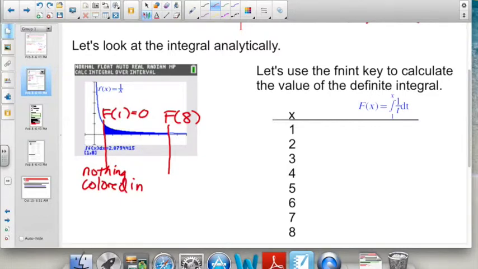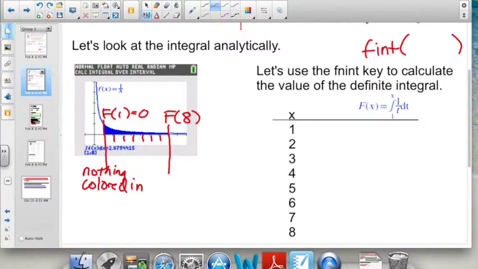Okay. So let's go ahead and take the antiderivative at each one of these values. Okay, so we're going to use an f-int here. Okay, remember how to do that from your graph screen on your calculator? Okay, so why don't we go ahead and let's do this.